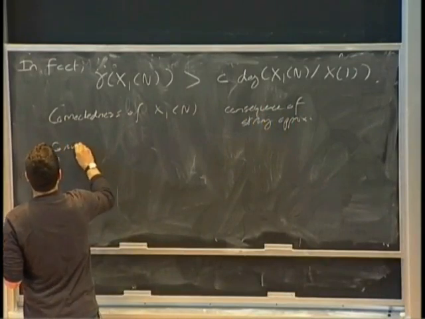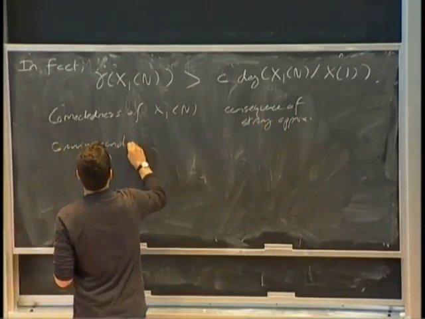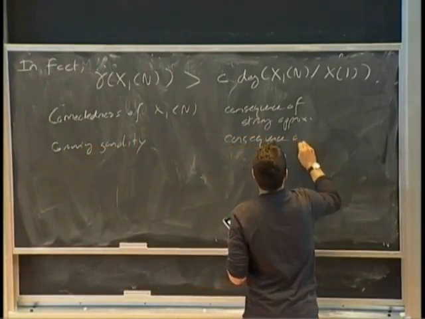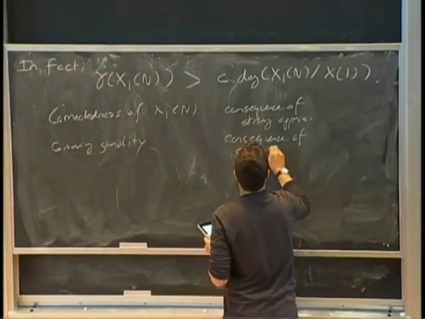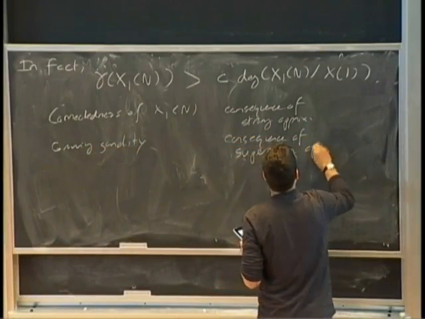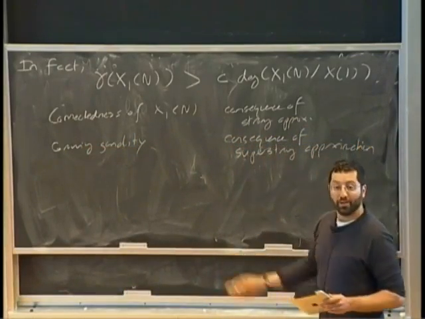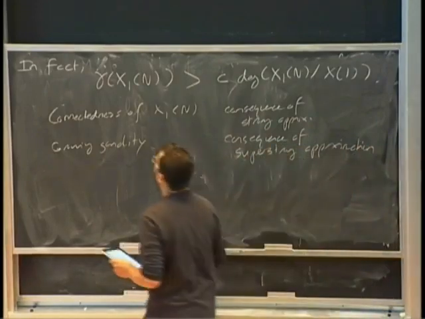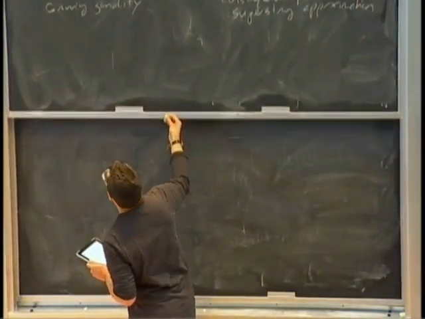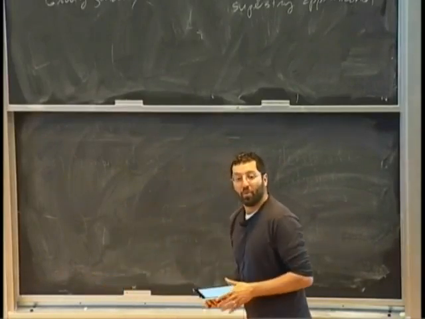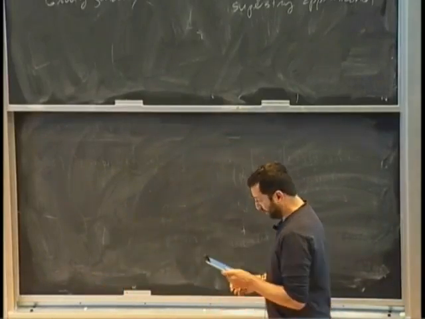And growing gonality is a consequence of super strong approximation. Which in this case, of course, follows from Selberg. So let me explain how that works, and I will now move to kind of a more general picture.